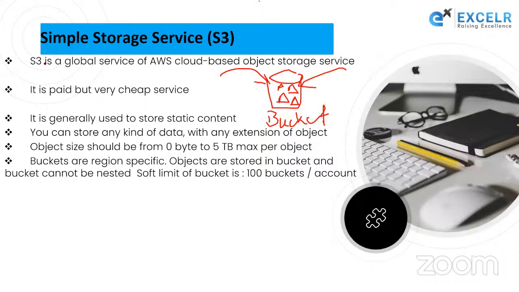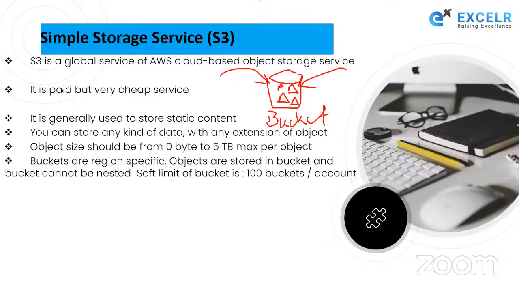We will see that. The S3 service is a paid service. You will be charged based upon the size of storage you have and how you are going to access it. It is generally used to store static content, but that is a very generalized statement. You can have dynamic content as well. Whatever data you store is a file, and the file is called an object.